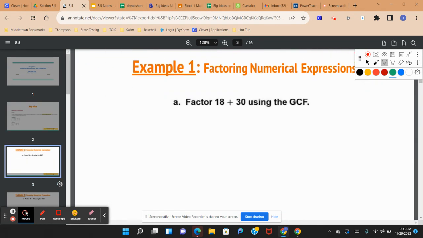So let's try example 1. We're going to write 18 plus 30. So we get to find the GCF. We're going to do 18 and 30. Let's find our factor tree.